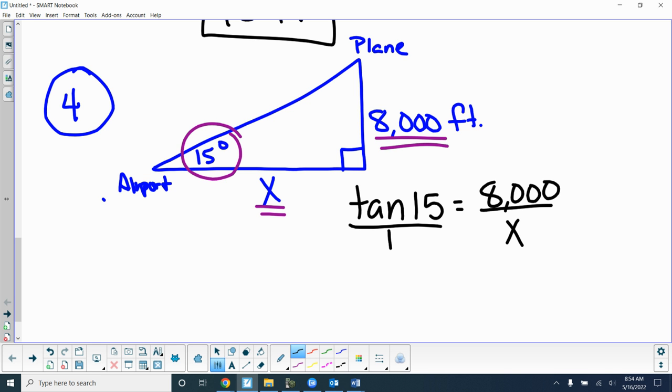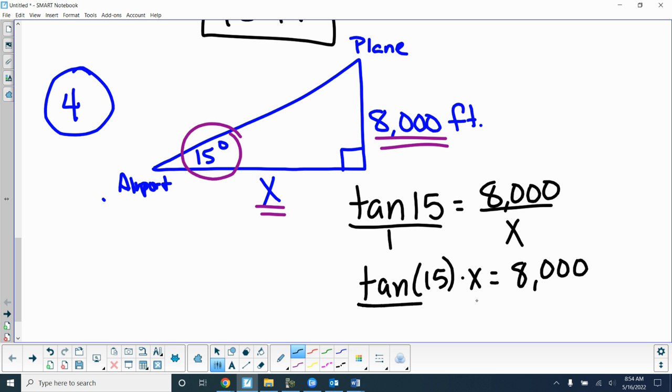And we cross multiply. So tangent of 15 times x equals 1 times 8,000, which is 8,000, right? What do I have to do to get x alone? Divide by what? Tangent of 15, yeah. To get x alone, we're going to have to divide it over.